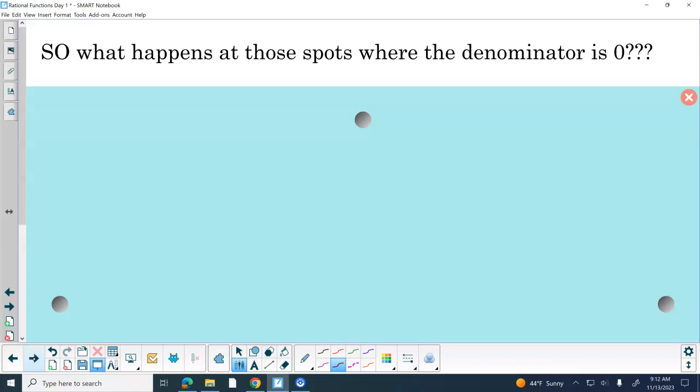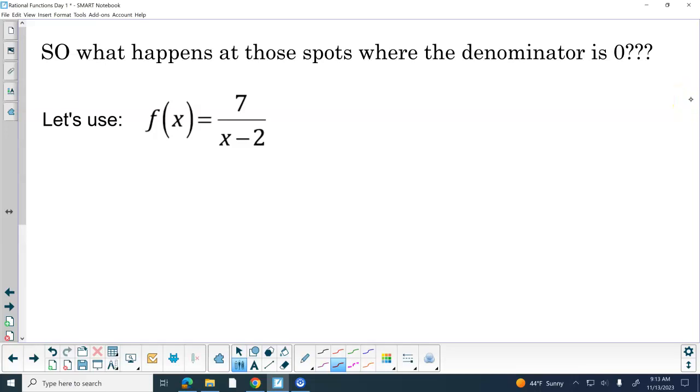So what happens at those spots? Strange things happen there. Okay? So let's use an even easier function as our example now. Okay? So f of x equals 7 divided by x minus 2. So I would set my denominator, x minus 2, equal to 0.